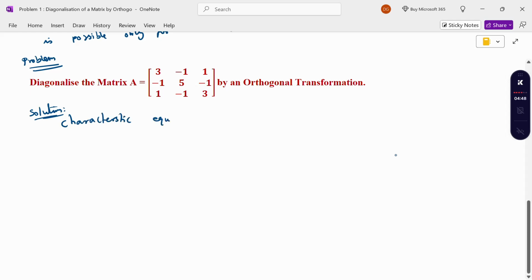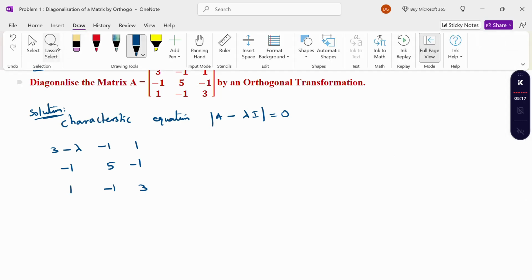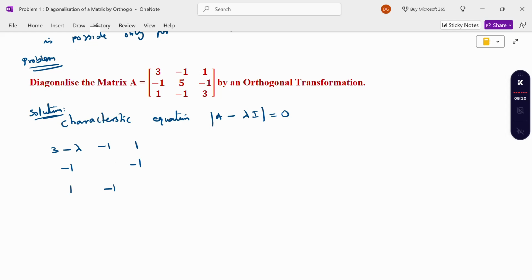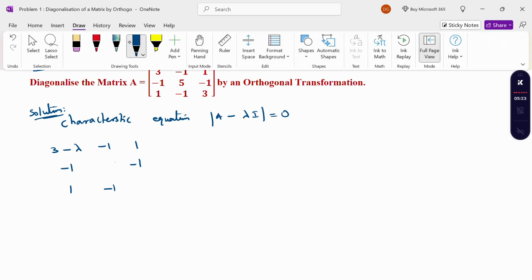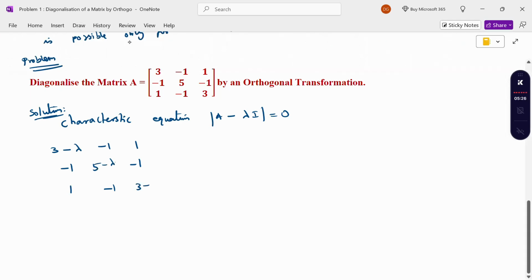the characteristic equation: determinant of A minus lambda I equals 0. The matrix is 3 minus lambda, minus 1, 1; minus 1, 5 minus lambda, minus 1; 1, minus 1, 3 minus lambda.